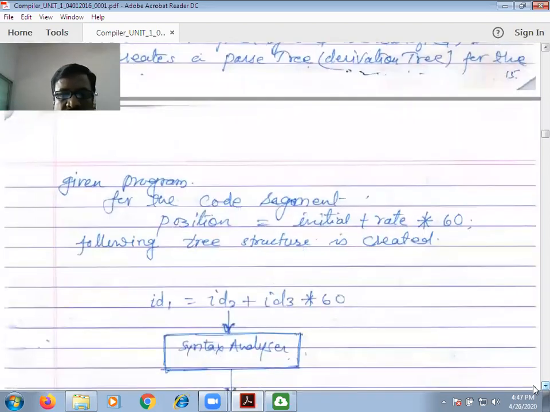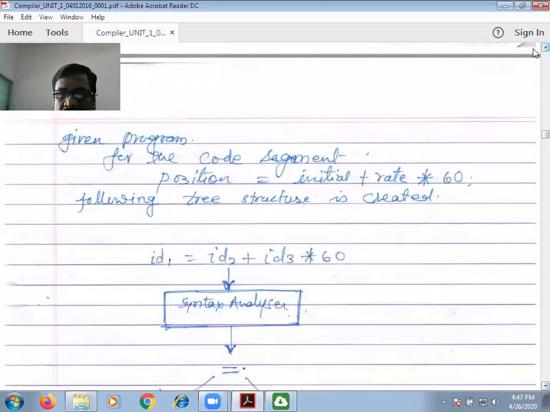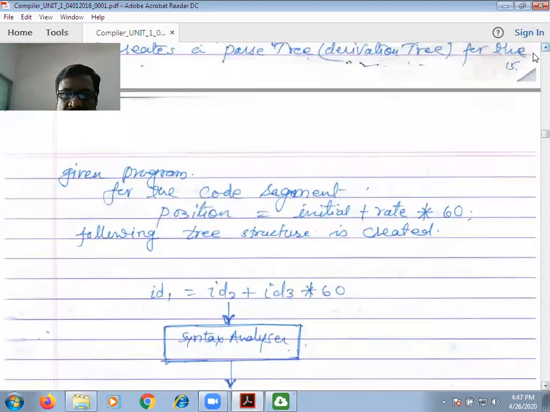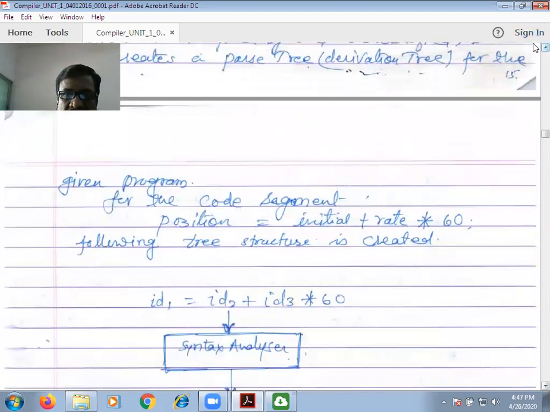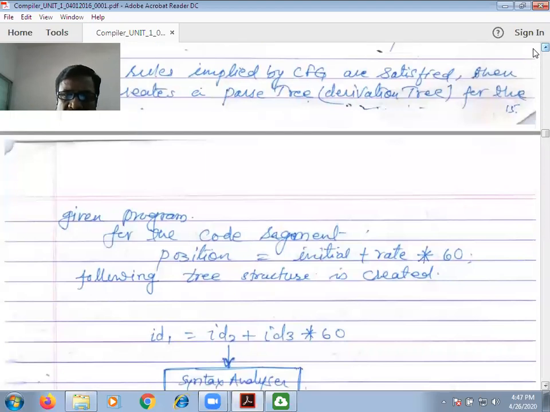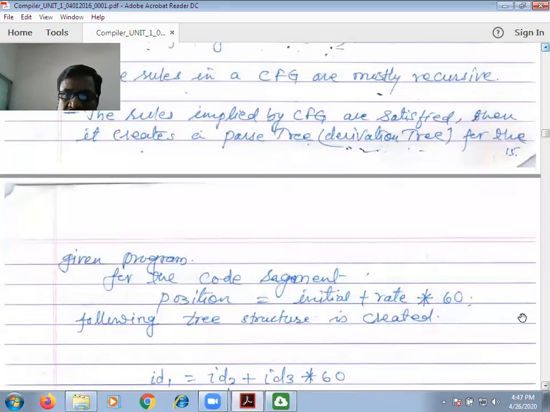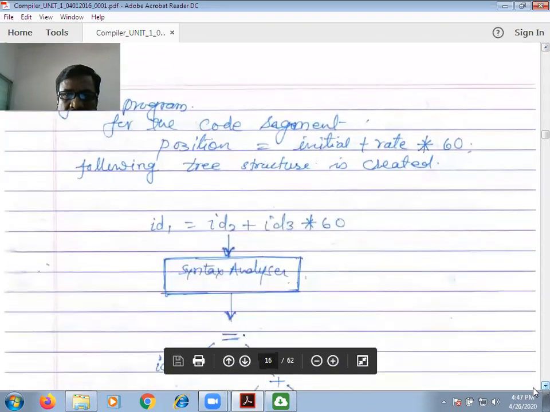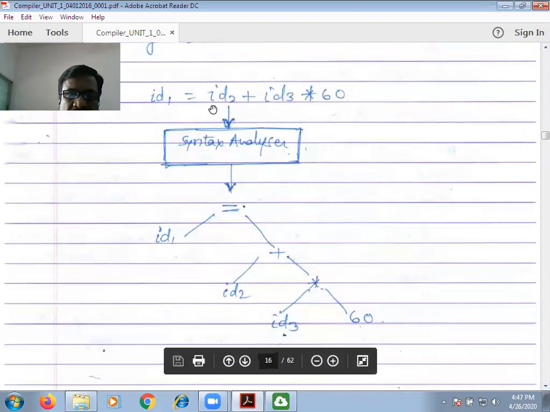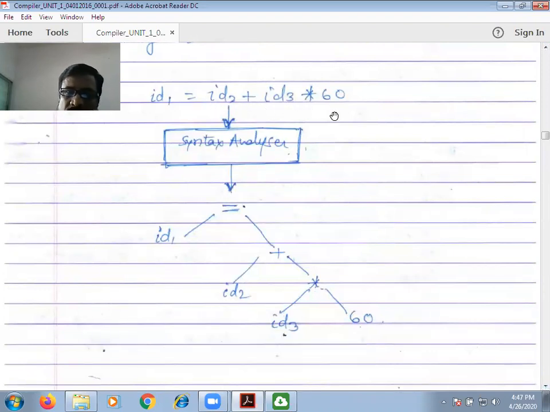I can explain all this. For example, for position equal initial plus rate into 60, initially you can consider that a parse tree is constructed for these tokens, like this: identifier 1 equal identifier 2 plus identifier 3 into 60.